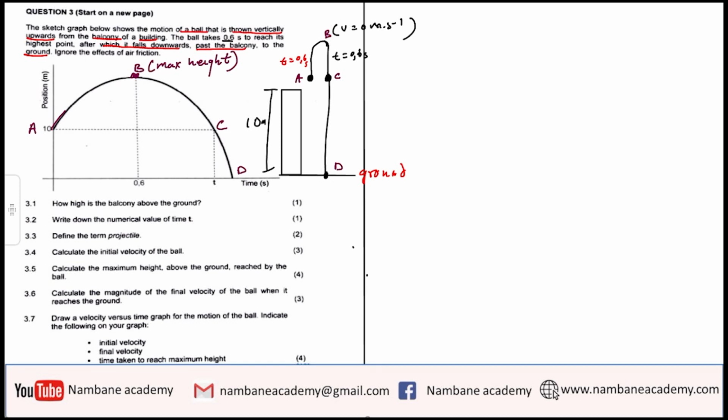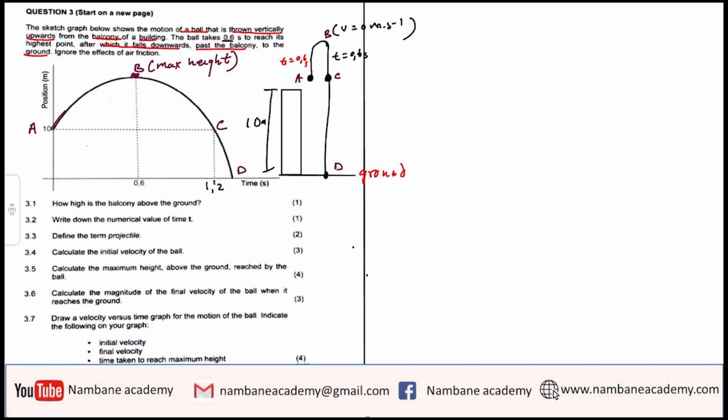Now one can easily interpret this way or the other way. But already I have nice information to say 0.6. So from B to C, it must take another 0.6. And this will just be 1.2 seconds: 0.6 plus 0.6.